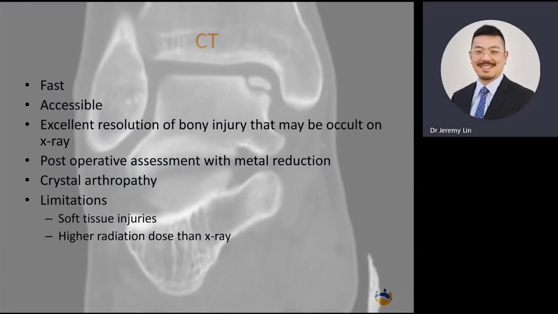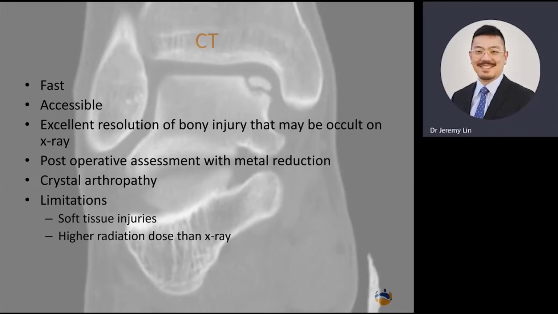Other imaging modality that is still relatively cheap and is fast and accessible is CT. Again, booking is relatively easy. The scan itself takes roughly about 30 seconds. It's usually the time taken to get on and off the table that chews up our booking slots.